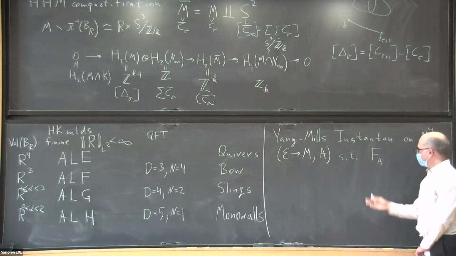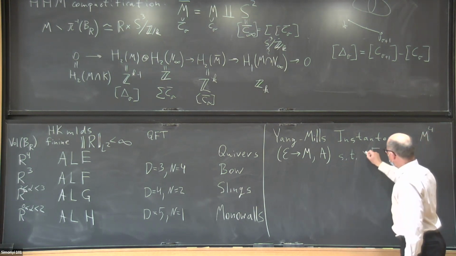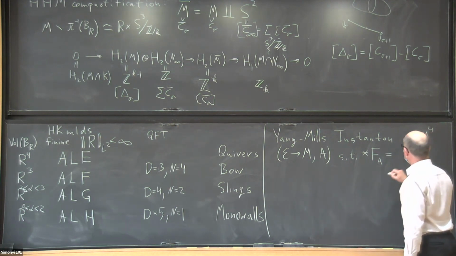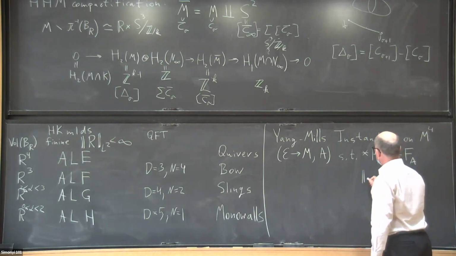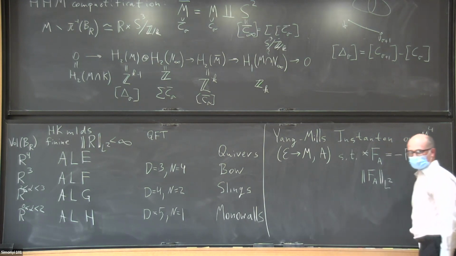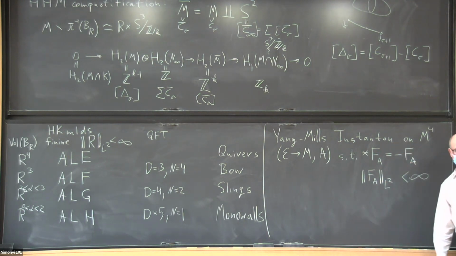And you can think of this curvature as a 2-form valued in the Lie algebra. So if you apply the Hodge star operation to it, you'll get the dual form. So the first requirement is that this 2-form is self-dual. And the second requirement is that it is L2. In other words, the integral of the trace of F squared over M is finite.